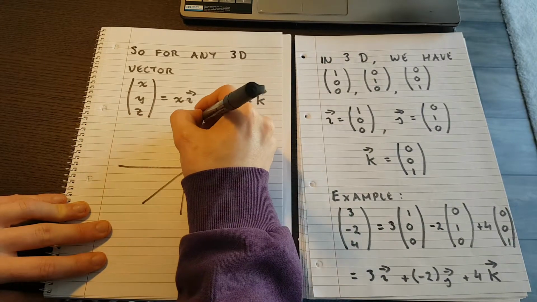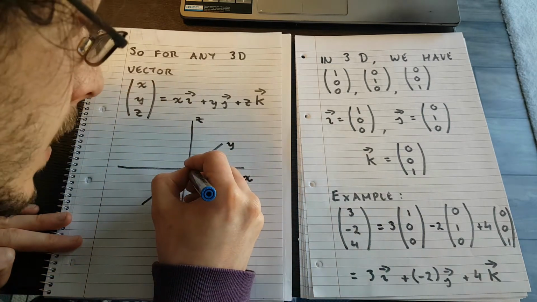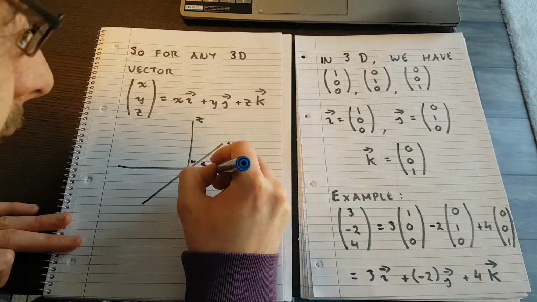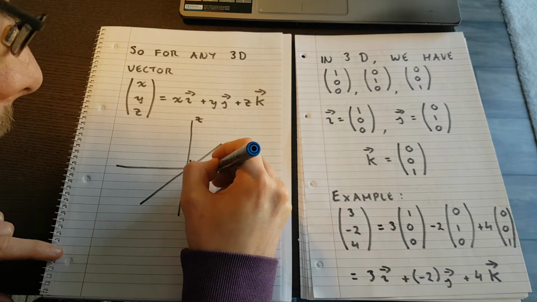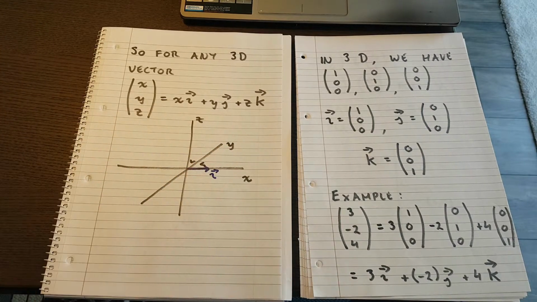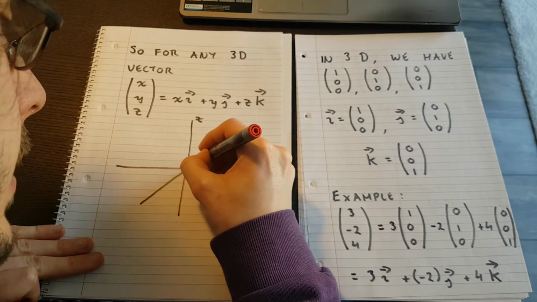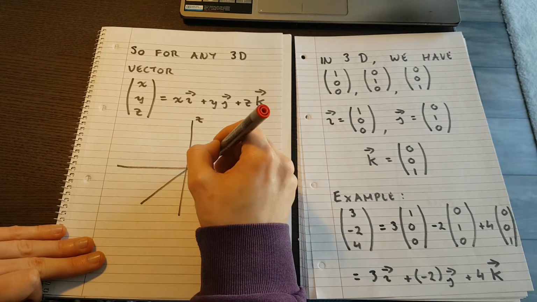And then my z is up and down. I'll mark these in different colors. The vector that goes in the x direction with length 1, that's I. I have a little arrow. The one that goes in the y direction, in the positive direction with length 1, that's the j vector.